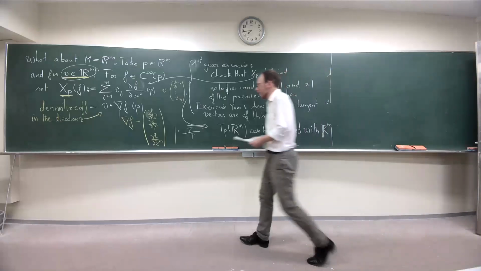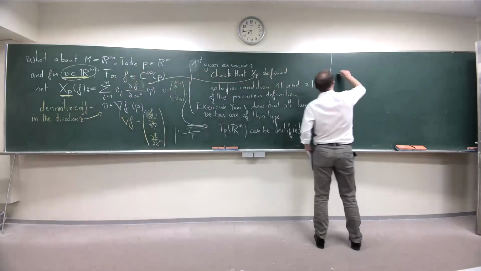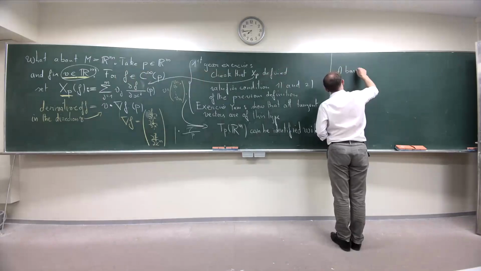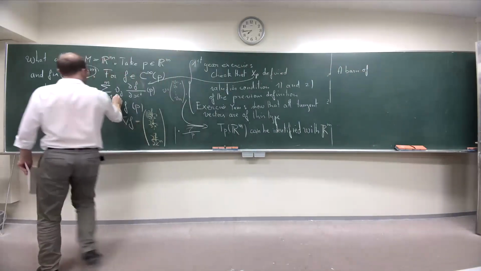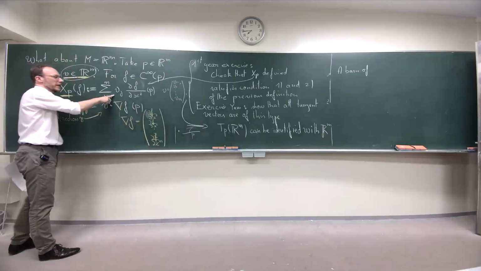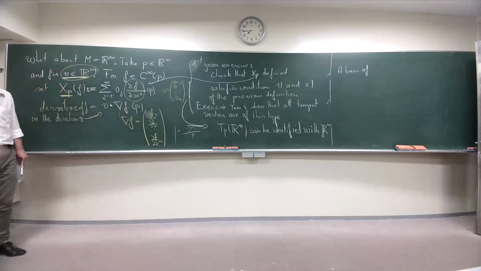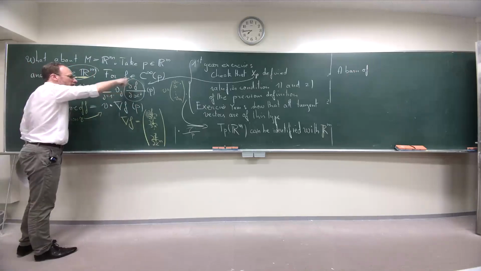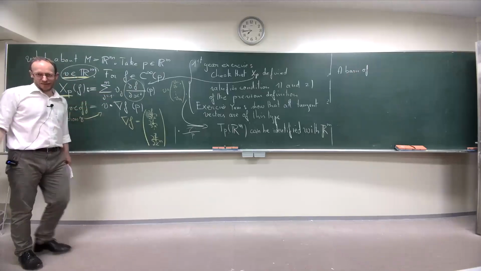There is a standard notation which I need to give. A basis. And you can guess. Look, what do you have here? You have linear combinations of elements of this type. So in a sense, this is a basis.